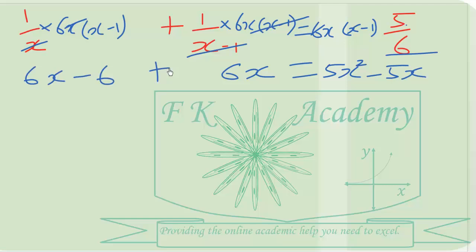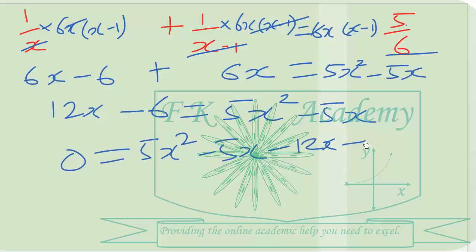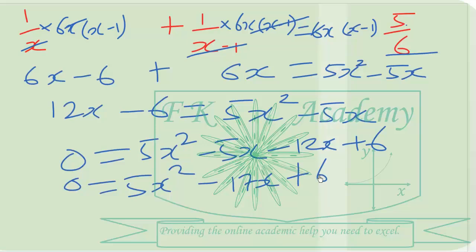So we can now group like terms and write in standard quadratic equation form. So when we do that, we are obtaining 5x squared minus 5x minus 12x plus 6. And this can be simplified to obtain 5x squared minus 17x plus 6.